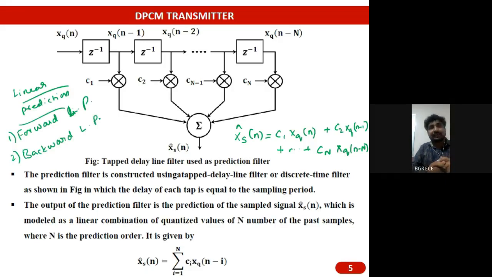If we can estimate the value of the current sample from the values of previous samples, then that kind of prediction is called forward linear prediction. And if the estimate is produced with the help of the future samples, predicting the past sample, then it is called backward linear prediction.